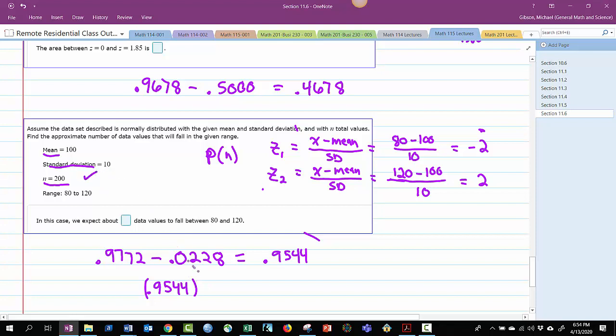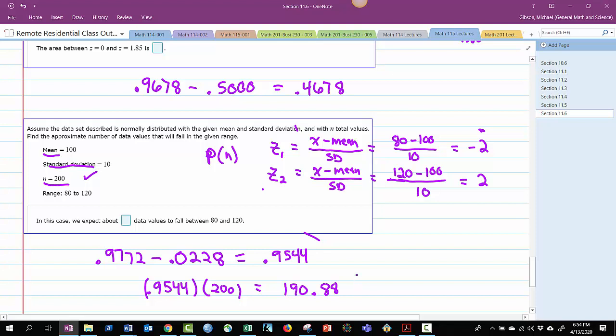The n right here is 200. Okay, so this turns out to be 190.88. And then you could round, right? If it was the whole number, it'd be 191, whatever.